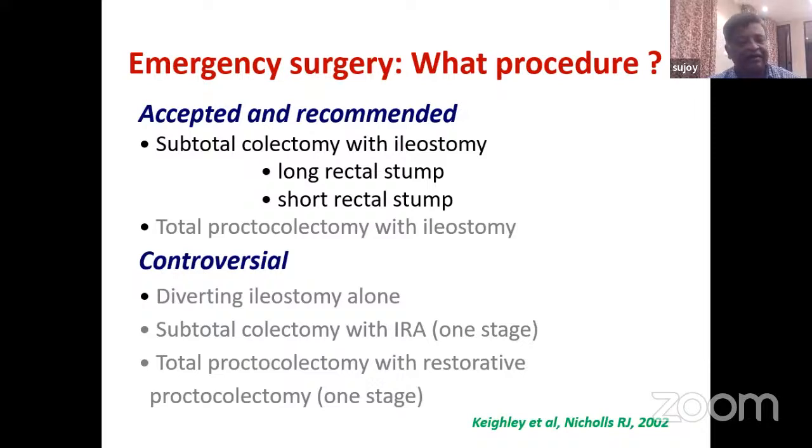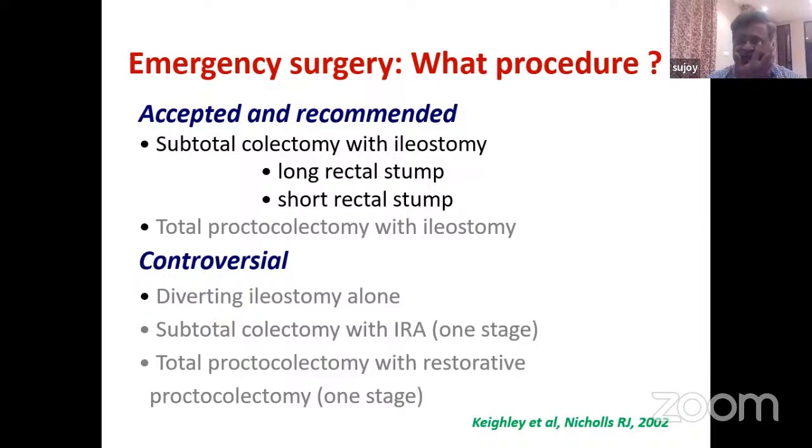And if the rectal stump is unhealthy, it can be brought out as a mucus fistula, either through the lower part of the wound or as a separate incision. We prefer to bring out a mucus fistula through a separate incision because otherwise wound-related morbidity is significant. And you have a terminal ileostomy, which will, of course, later on be converted after the staged procedure.